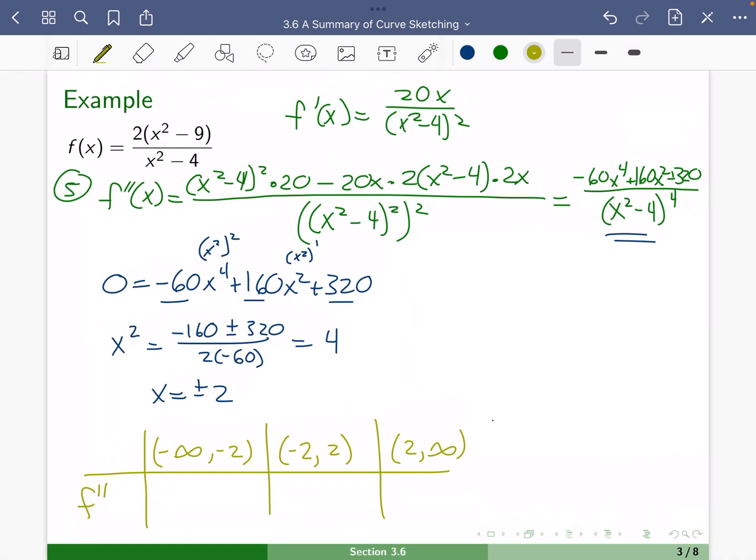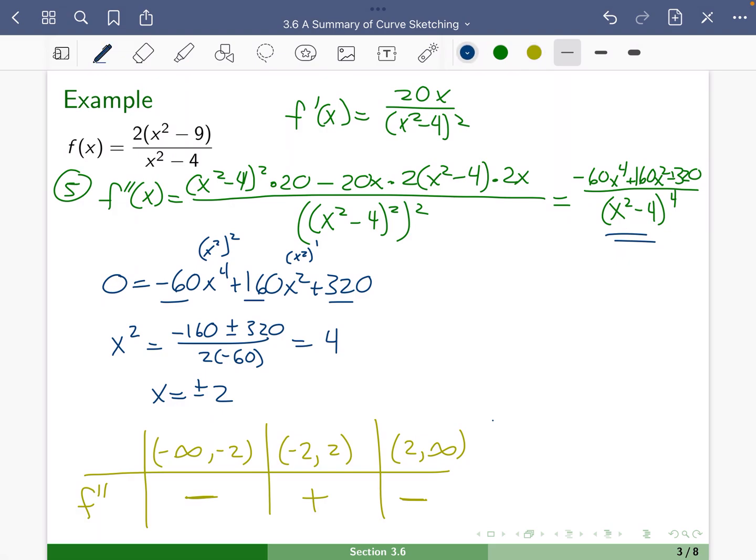If we plug in a value smaller than negative 2 into our second derivative, we'll get a negative value. So plug in any value between negative infinity and negative 2, so negative 10, negative 8, negative 3, whatever you want. We'll plug in something between negative 2 and 2. So 0 is a nice value to plug in there. Again, we're plugging it into the second derivative. If we plug in 0, we'll get a positive value. If we plug in something larger than 2, we're going to get a negative value.